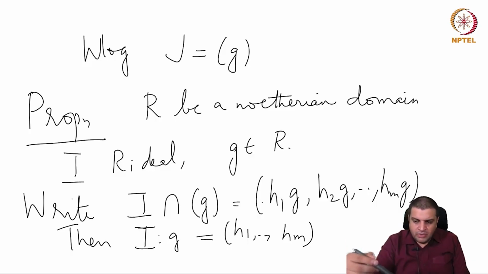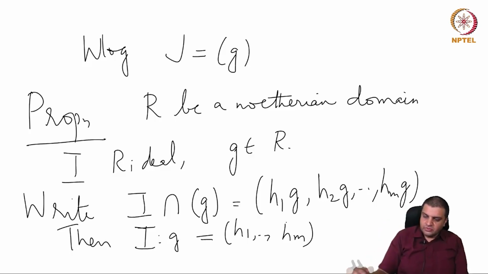We are not saying that H1 through Hm is unique or anything. Just take any generating set, it will have this sort of form, and then just remove the G from them. So that's a proposition.